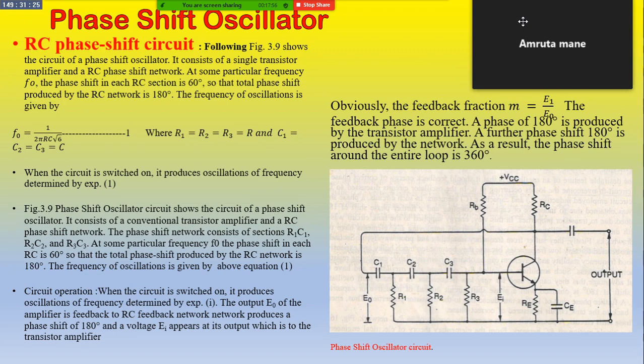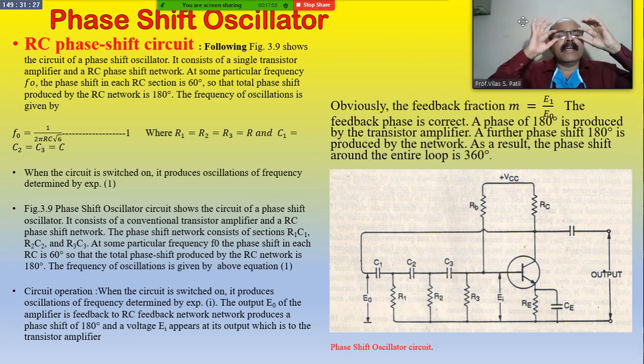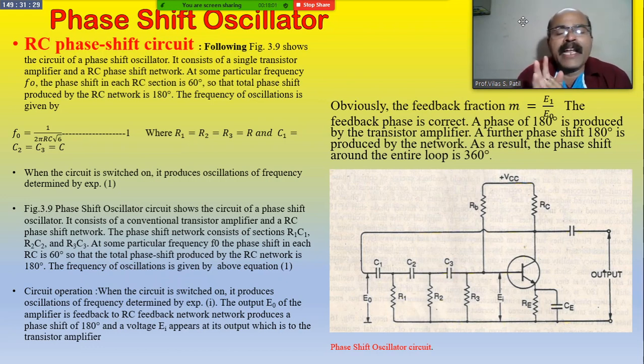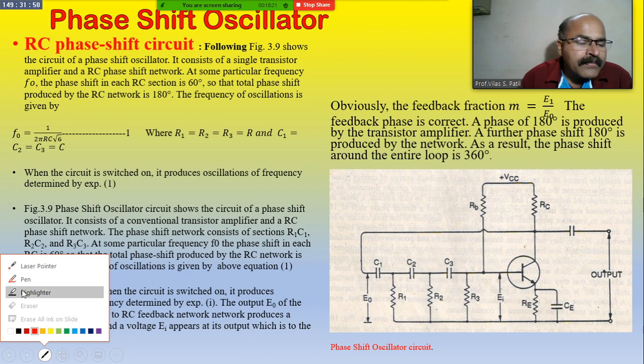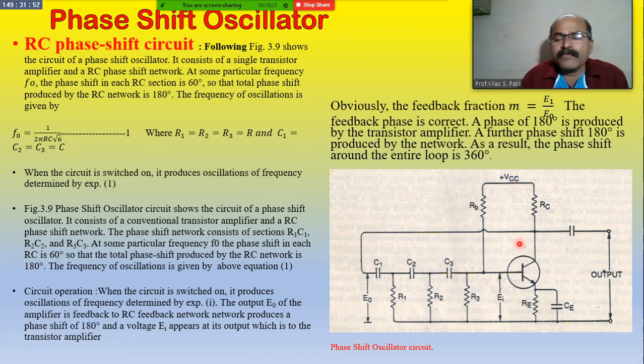Okay. In the last lecture, we came to the phase shift oscillator, and this is the last PPT slide. In yesterday's lecture, we demonstrated it in every manner. Friends, here I am going to use the pen or laser pointer.